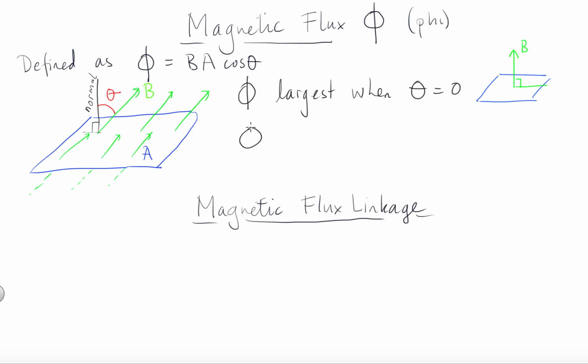And phi is going to be a minimum when the angle is 90 degrees. In fact, there will be no magnetic flux. It's when we have the magnetic field in the same plane as the plane of the coil. In this case, this is a coil of wire.